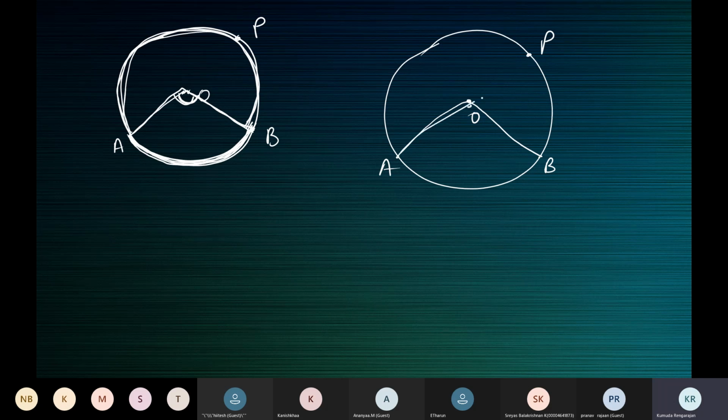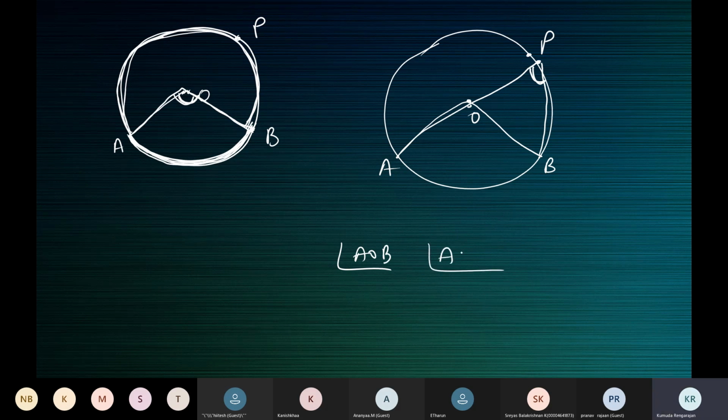Join A to P and B to P. Angle AOB is the angle subtended by arc AB at the center.